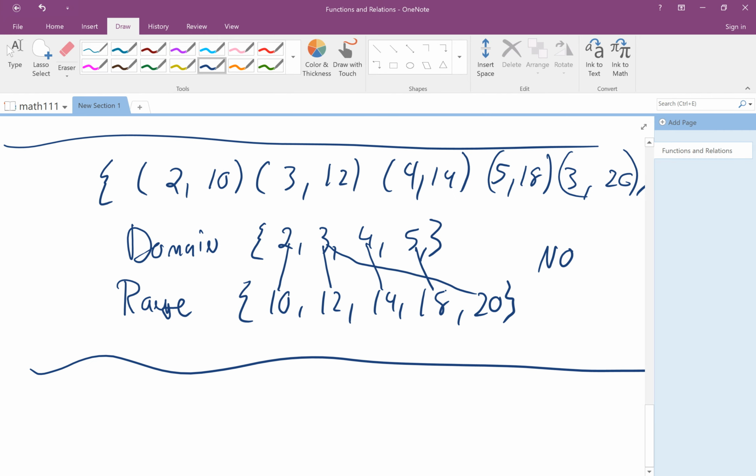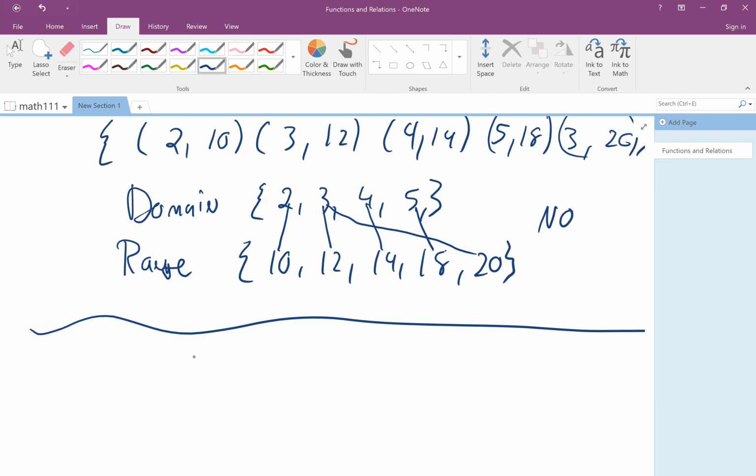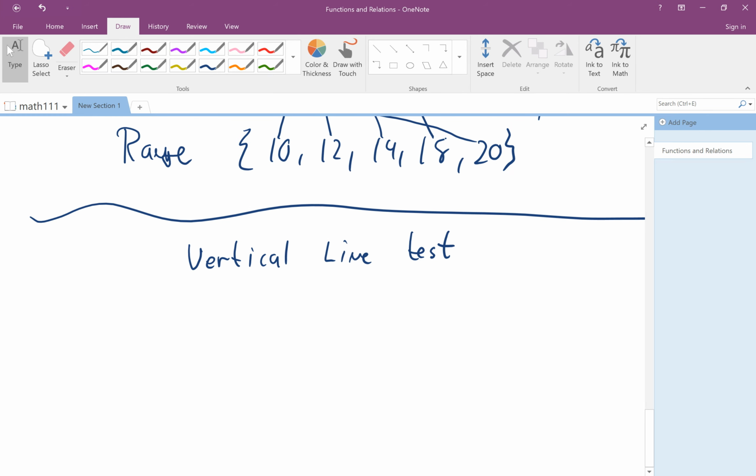All right. Now, I bet if you know that, then you've probably heard of the vertical line test, which is a great way of deciding whether a graph is a function or not. So a vertical line test basically says that if a vertical line passes through, touches, intersects, it doesn't matter, it's your notes.